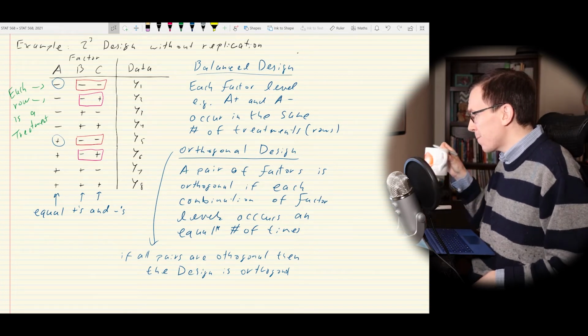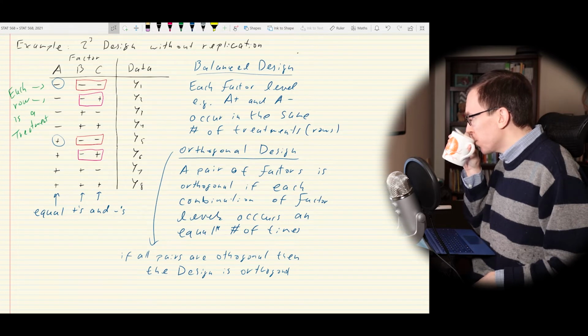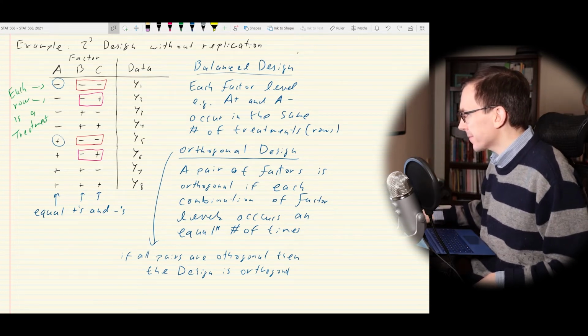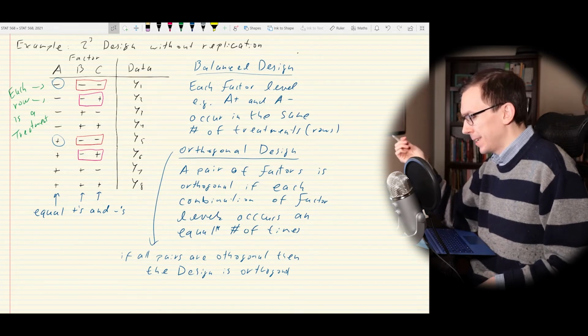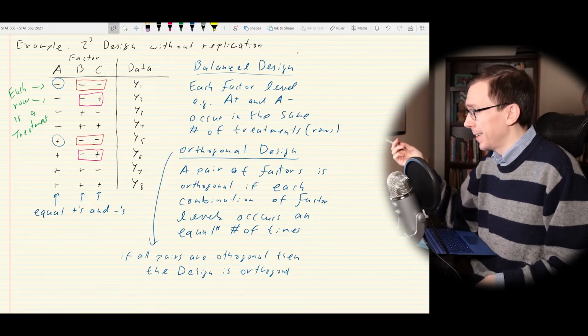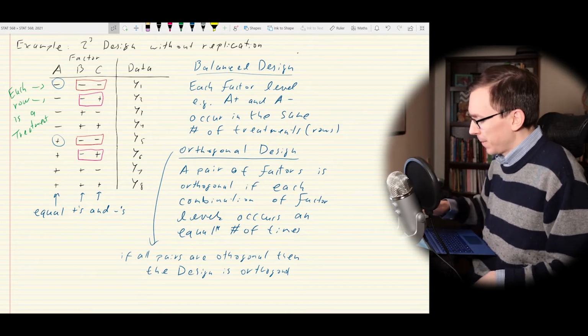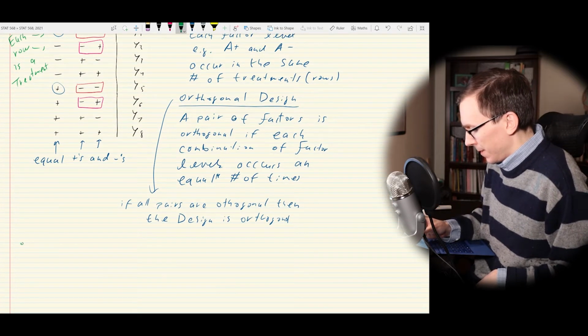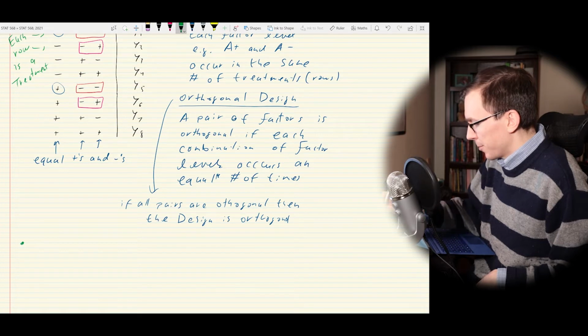Right, so okay, we still have some of the same notions that we talked about in the previous chapter still occur here. We have the idea of restricted randomization.